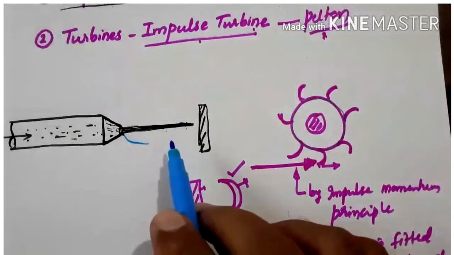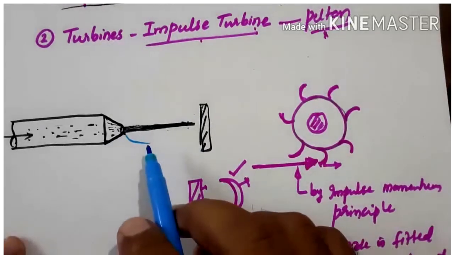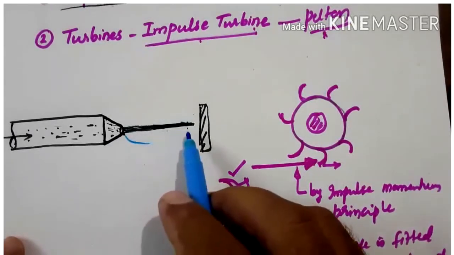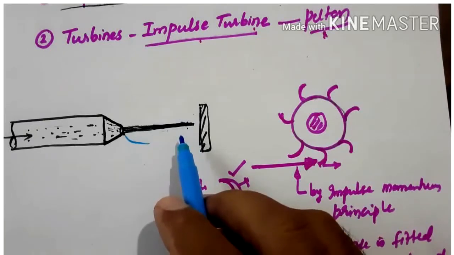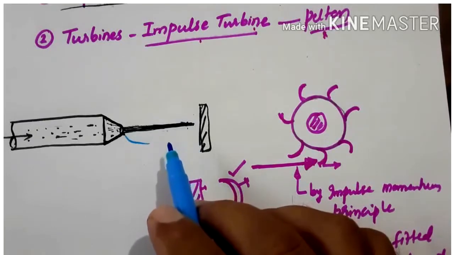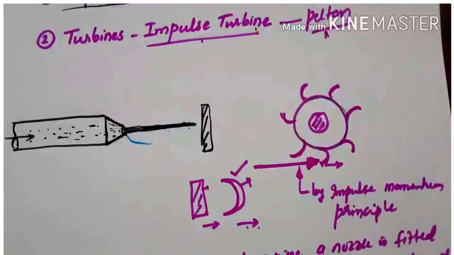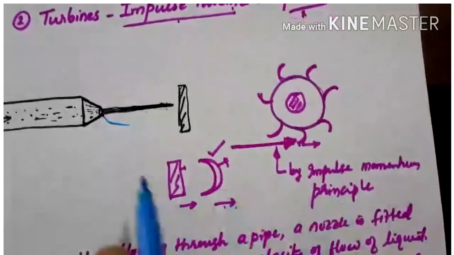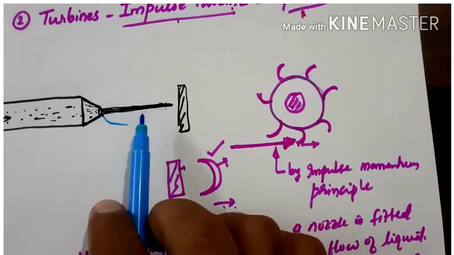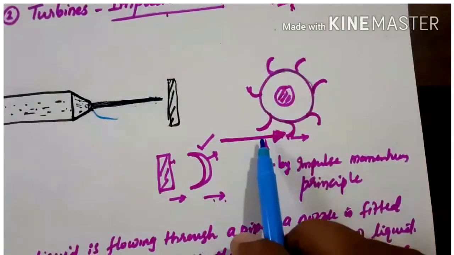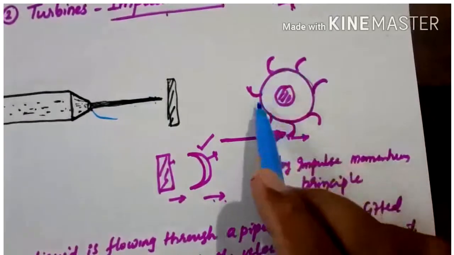This force causes a change in momentum of the fluid, and it is also known as an impressed force, or the impact of jet. This hydrodynamic force is used for running hydraulic turbines.